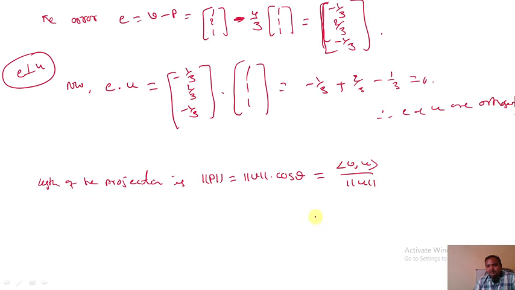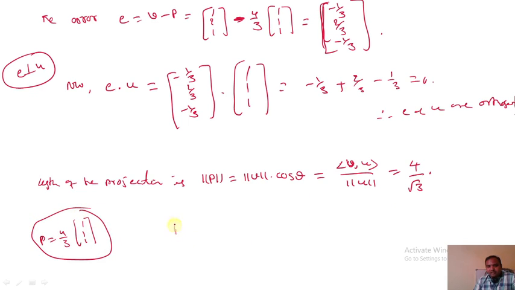Just now we found v comma u is 4, and norm of u is root 3. This is the length of the projection. So now you can observe here, we got the projection small p is 4 by 3 (1, 1, 1). This is the projection, and this is the length.